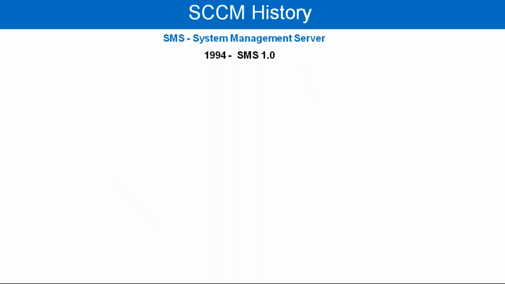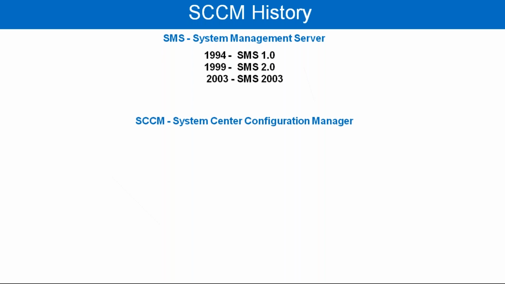In 1994, Microsoft released the first version, SMS 1.0. Then SMS 2.0 was released in 1999. Then SMS 2003 in the year 2003. Then Microsoft changed the name from SMS to SCCM in 2007.